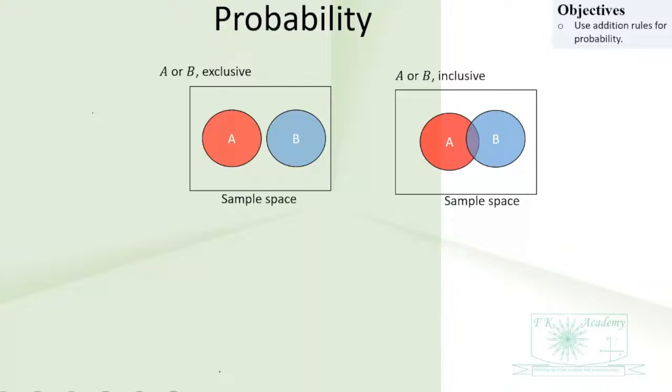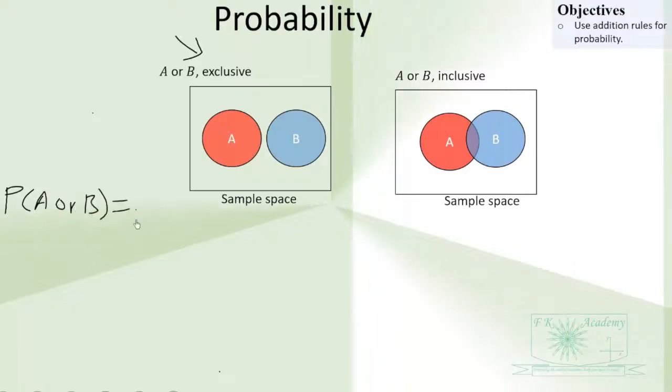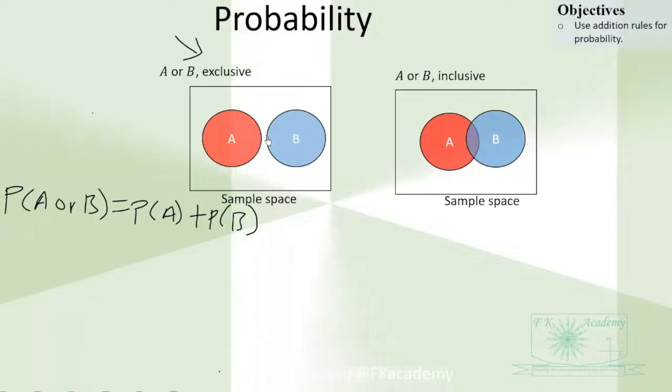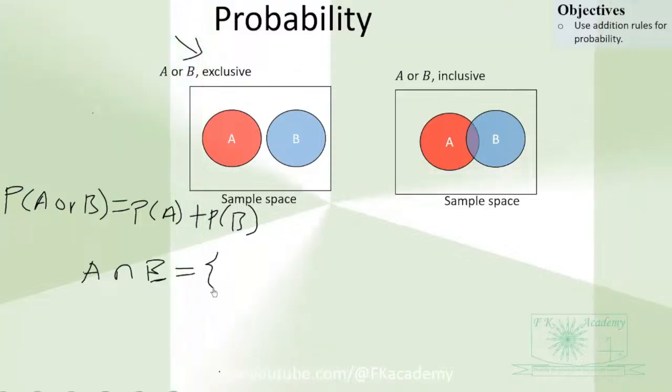If A and B are mutually exclusive events, then probability of A or B is equal to probability of A plus probability of B. It means there is no intersection. The two events cannot occur at the same time. So in this case, A intersection B is a null set.